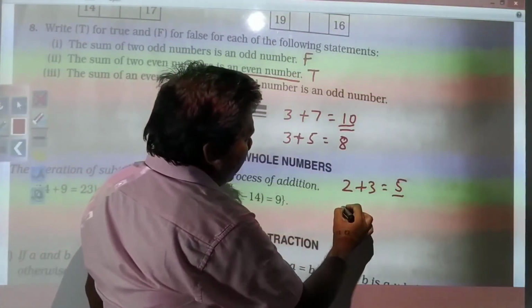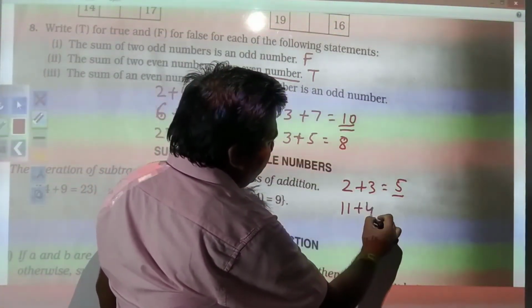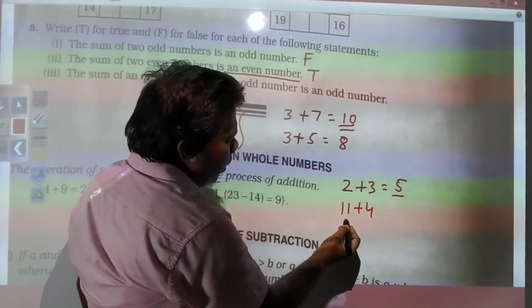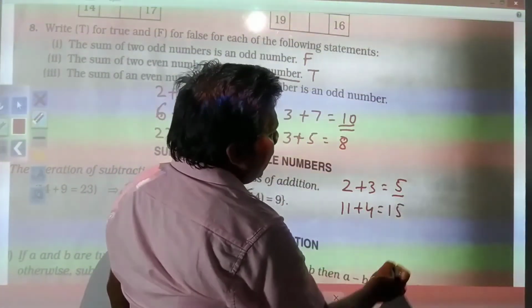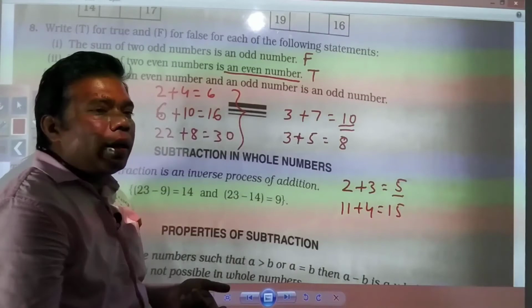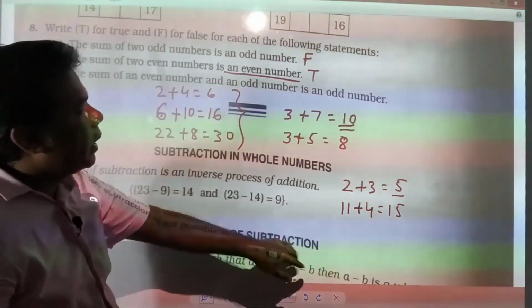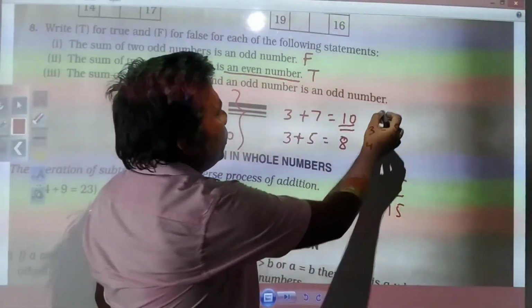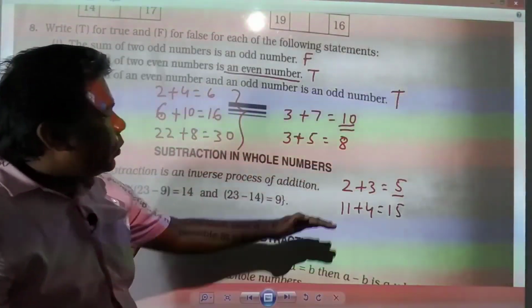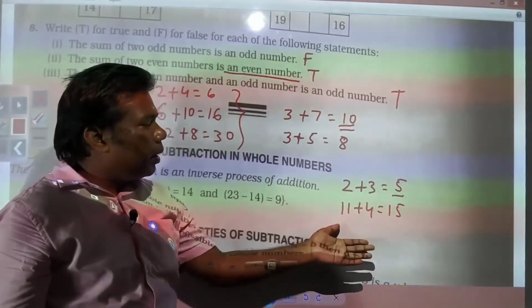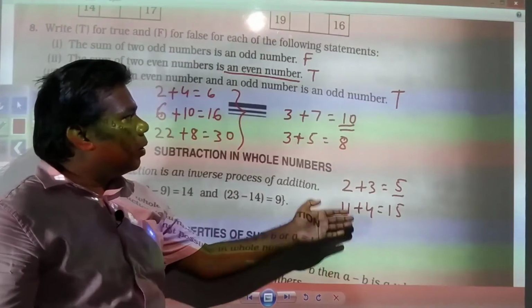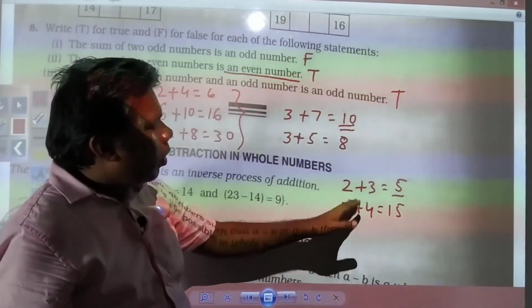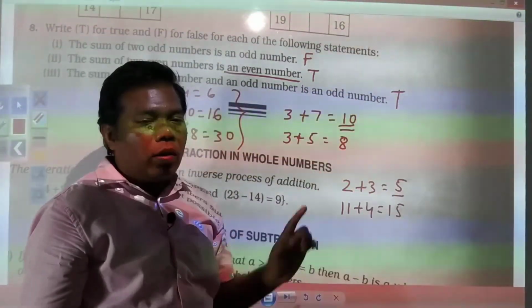Any other numbers you take, suppose 11 plus 4, odd number and even number, what have we got? 15. It means if any even and odd we are adding, we are getting an odd number. So this is true. So in this way you need to find out by yourself. Some other bigger numbers also you can put and find out; if odd and even numbers are getting added, you will get odd numbers.